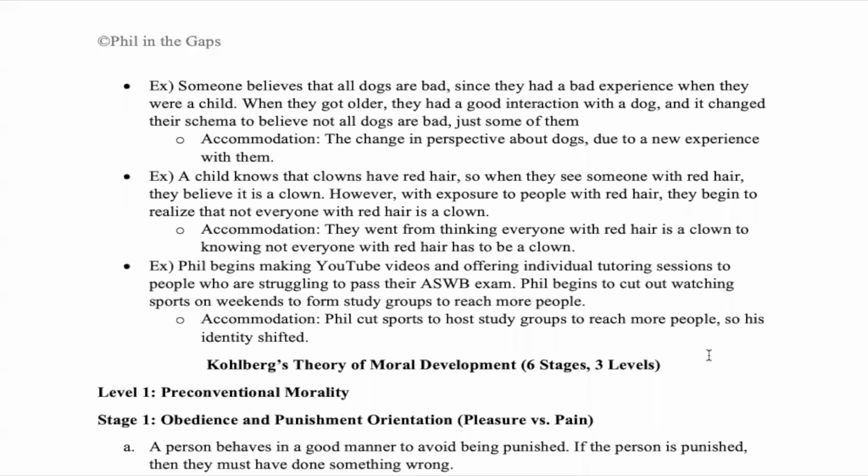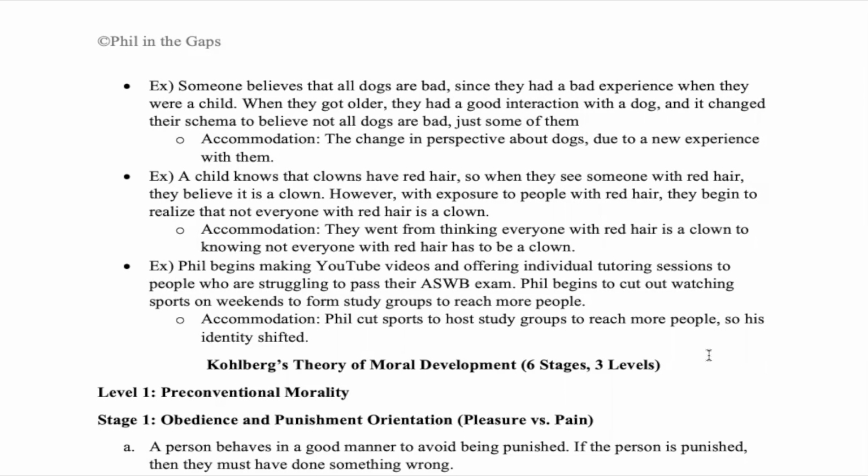Another example, Phil begins making YouTube videos and offering individual tutoring sessions to people who are struggling to pass their ASWB exam. Phil begins to cut out watching sports on weekends to form study groups to reach more people. So Phil's identity shifted from somebody that's like, man, I love sports and I'm going to watch every sports game and team, to, you know what?